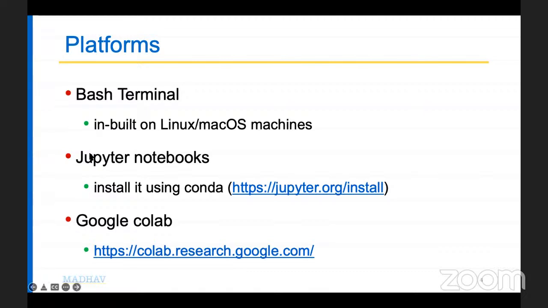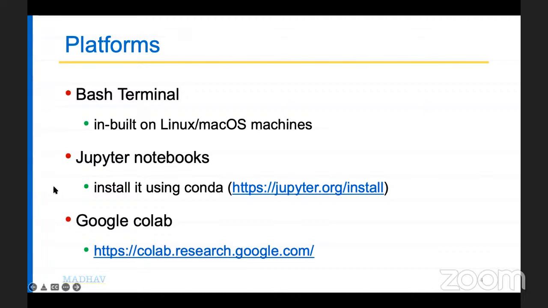Then we come to Python. Jupyter notebooks are there. If you want to install it on your machine, you can use Anaconda, and using Anaconda you can install Jupyter notebooks. There are other ways also to install Jupyter notebooks, but Conda is a very convenient way, and generally installs things quickly without giving errors.